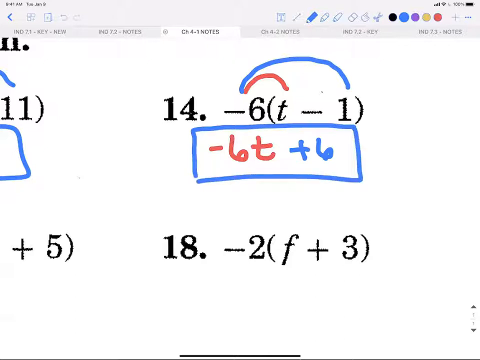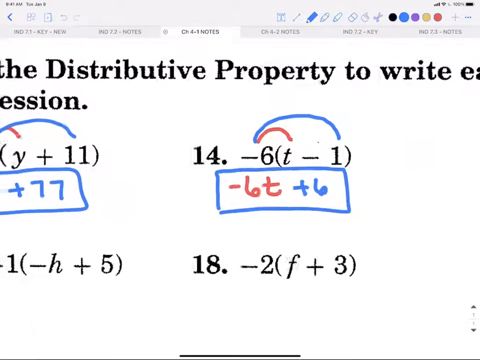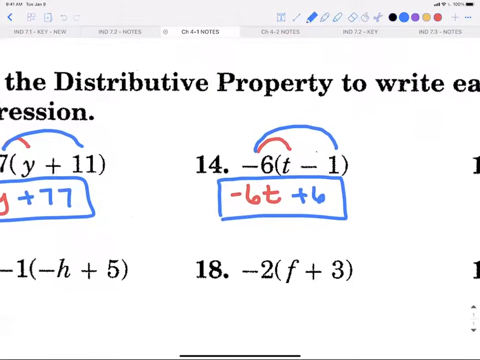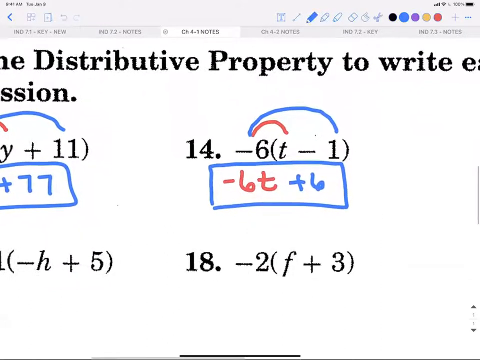Would it just be t? Since it's -6 + 6, the answer would be just t, right? No, you can't combine these at all. You have a t and then you have a number that doesn't have a t with it.